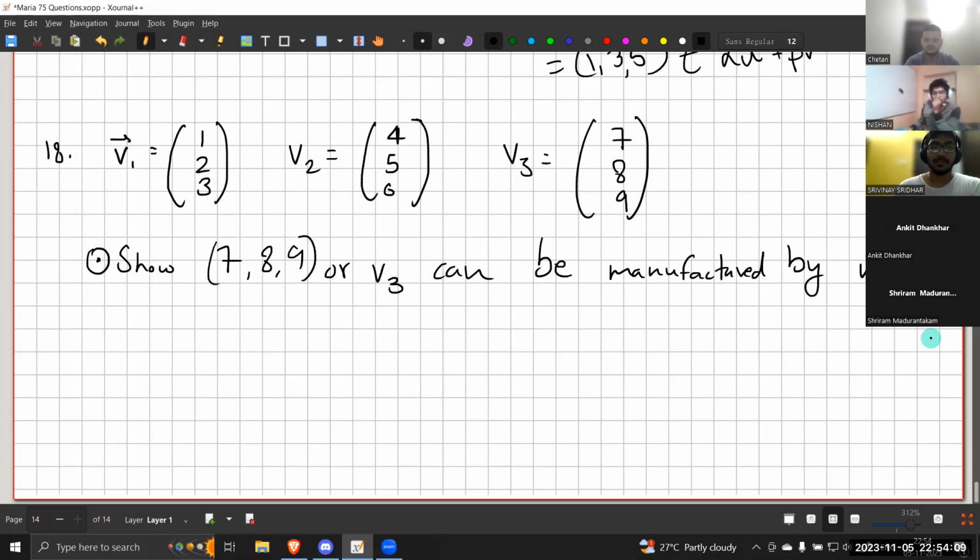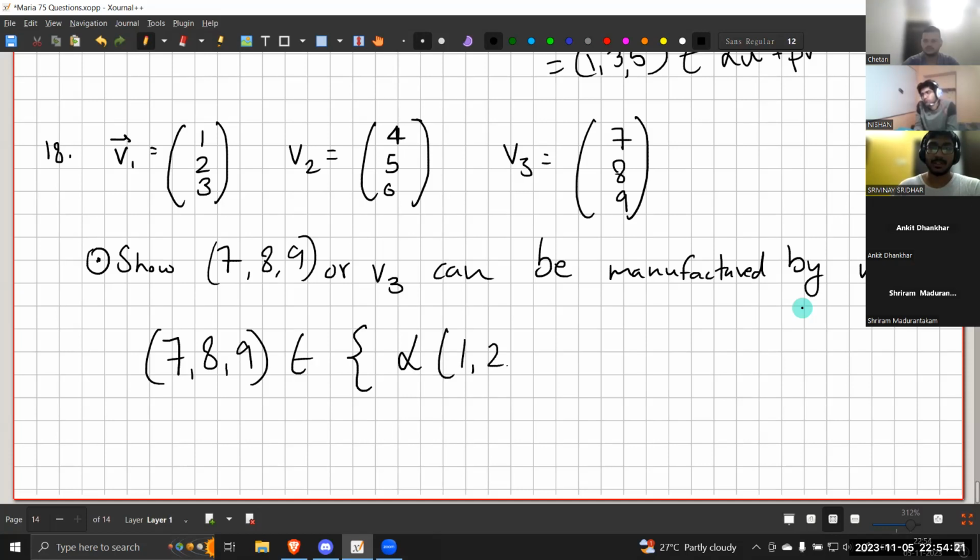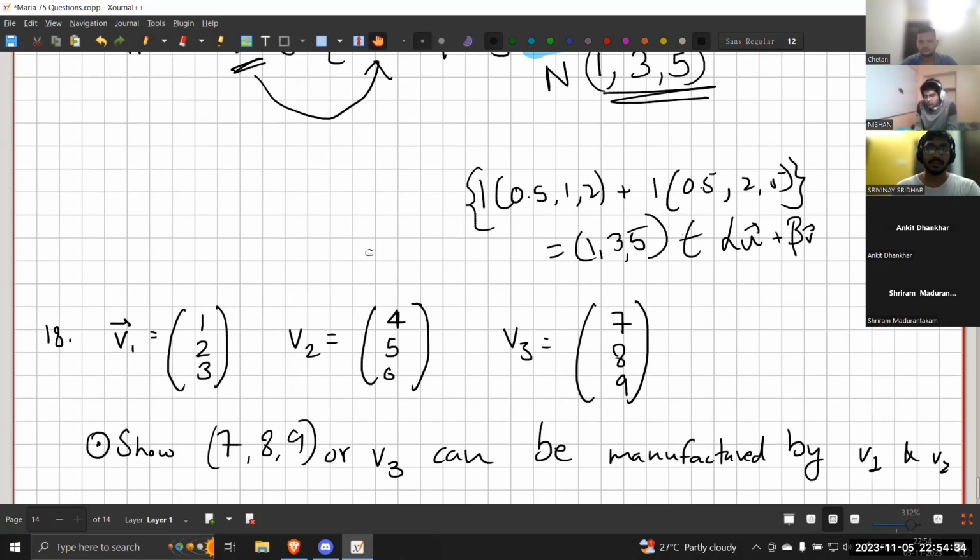So what do I have to check? I have to check whether 7, 8, 9 belongs to the set of alpha times 1, 2, 3 plus beta times 4, 5, 6. I'm just writing this down from the definition that we gave below.